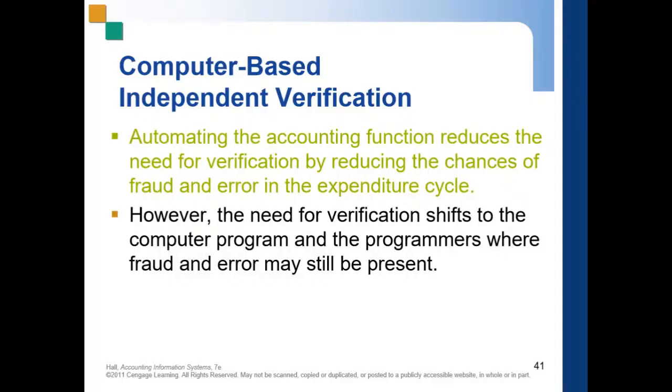However, the need for verification shifts to the computer program, as I mentioned, and the programmers, where fraud and error may still be present. So that is why you need to make sure that the program itself is really stable so that it can identify if there are erroneous transactions or mismatches in the system. So that is the end of chapter 5.